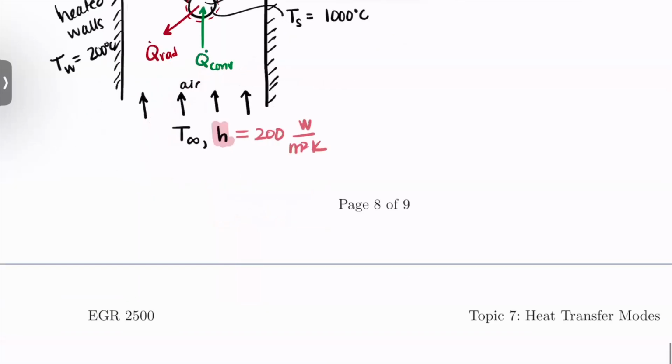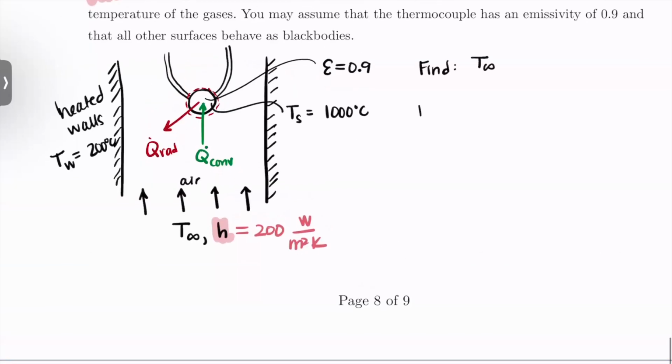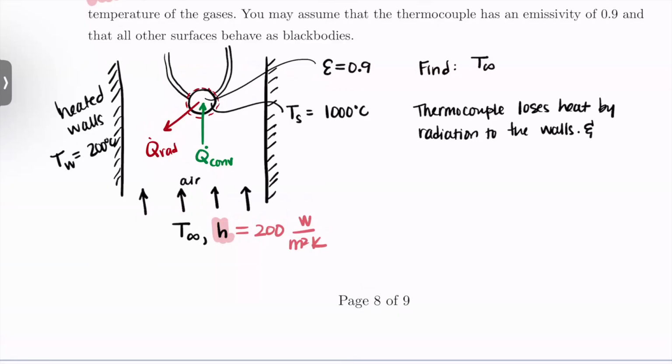All right, so let's talk about what happens with the thermocouple. The thermocouple is losing heat by radiation to the walls, and it's gaining heat by convection from the gas.